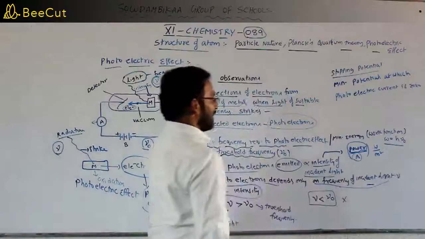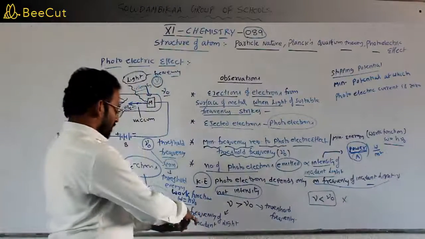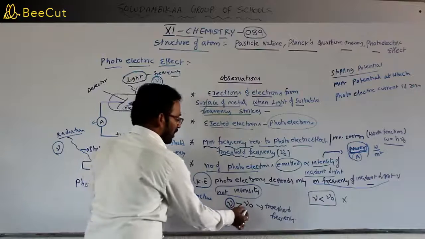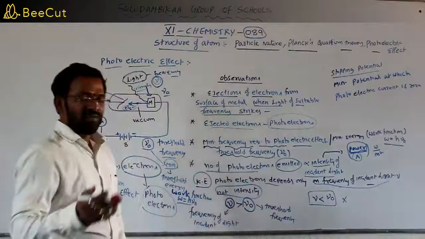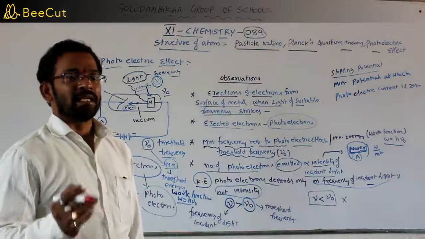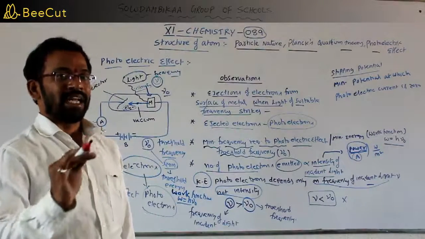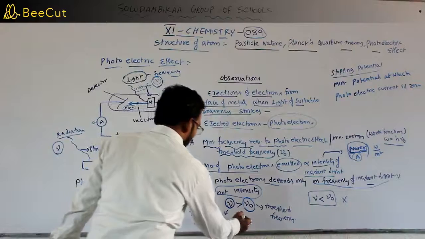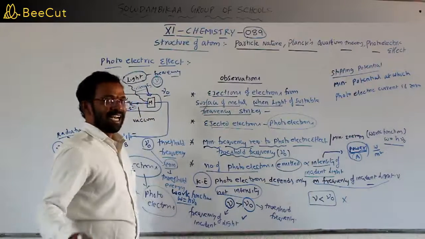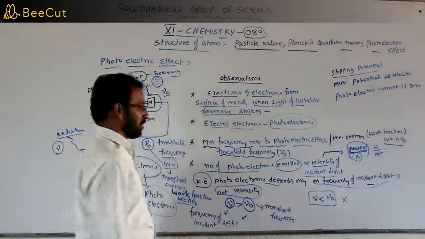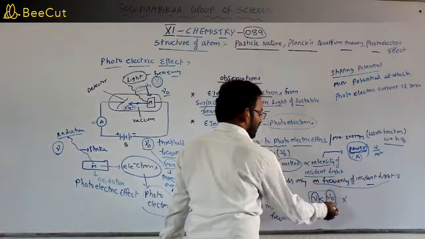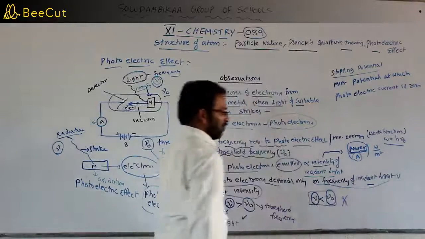Now, for example, the relation between the frequency of incident light and the threshold frequency. If the frequency of incident light is greater than the threshold frequency, then only the photoelectric effect is possible. If the frequency of incident light is less than the threshold frequency, there is no photoelectric effect.